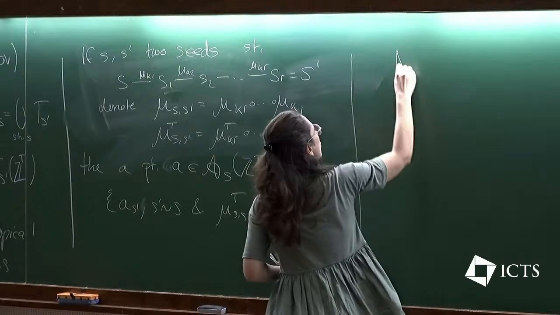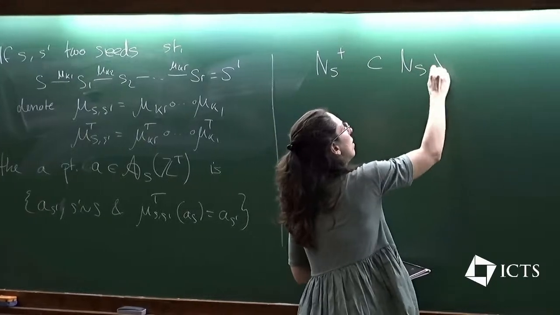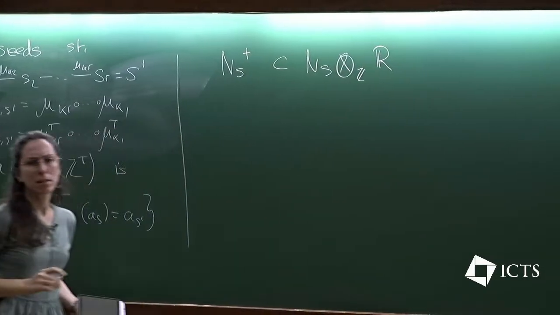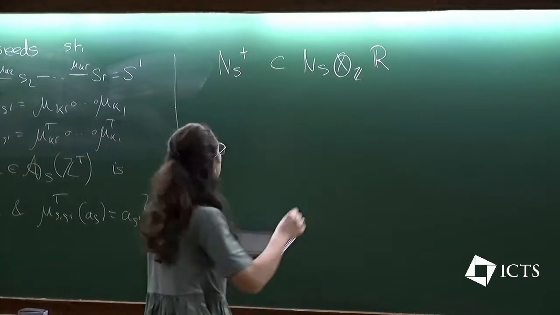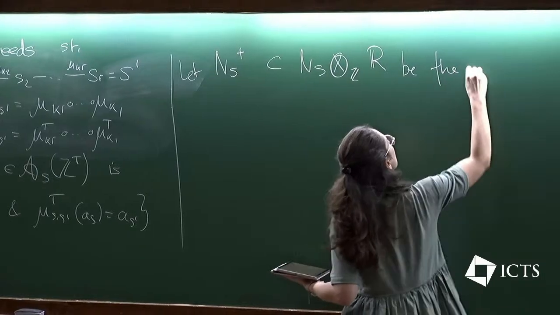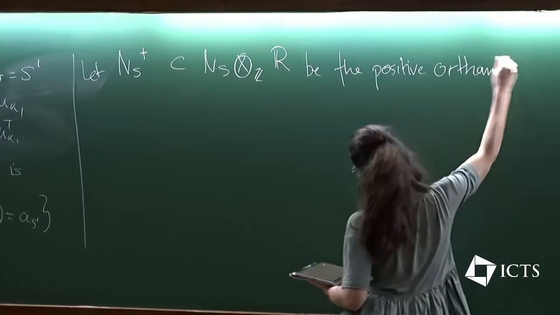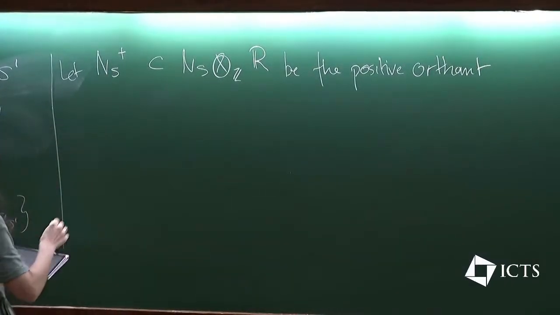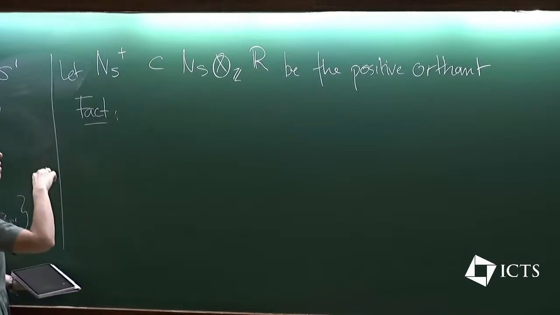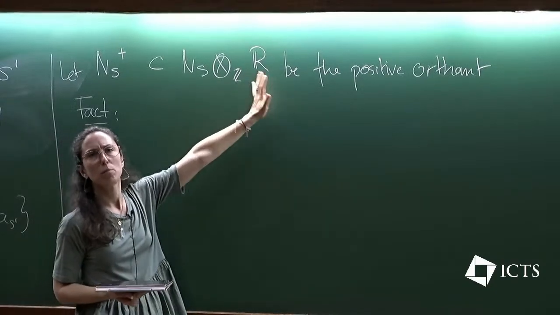First, I want to denote by N S plus the positive orthant in the real vector space associated to my lattice N S. Then one fact. Just take the positive orthant.